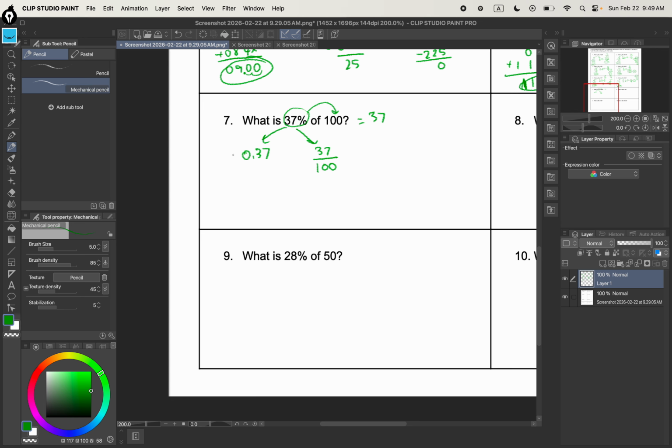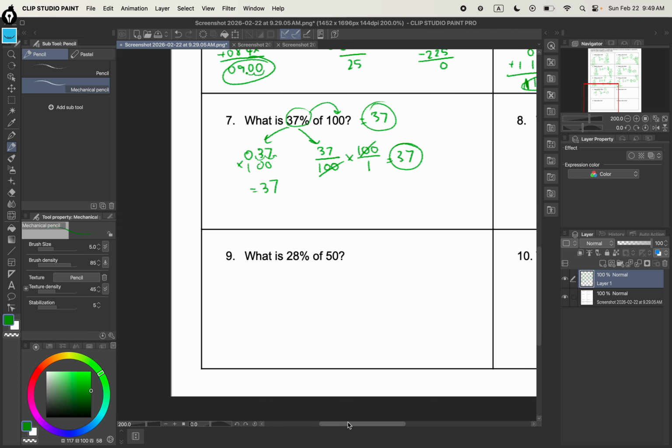But if you wanted to, if you just do this times 100, what's the shortcut? Well, the shortcut's moving your decimal place twice that way. So you just get 37. And if you do 37 divided by 100 times 100, it just cancels out, right? So you just get 37. You didn't have to do math for that one.